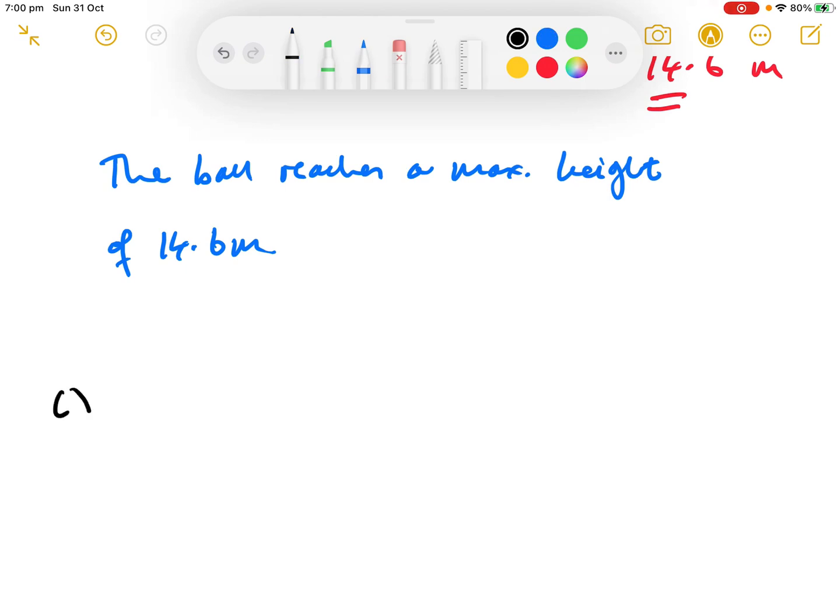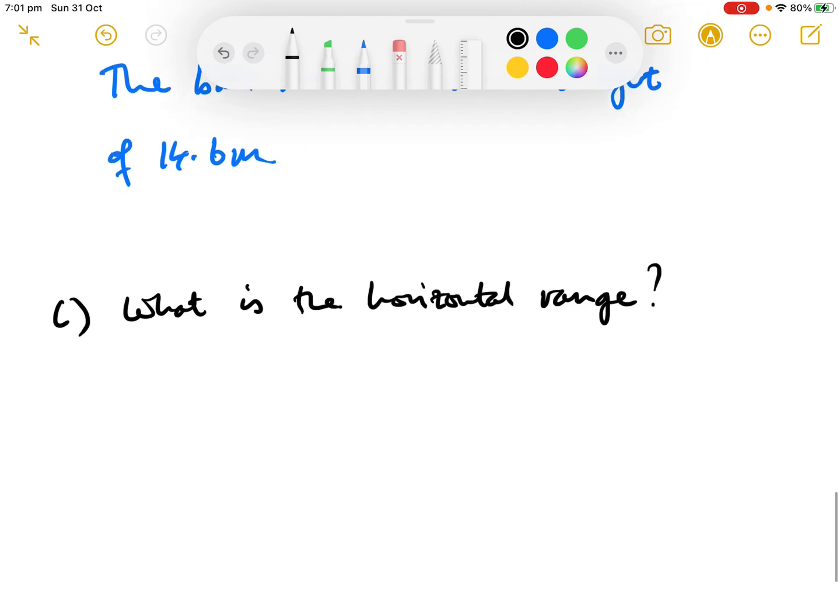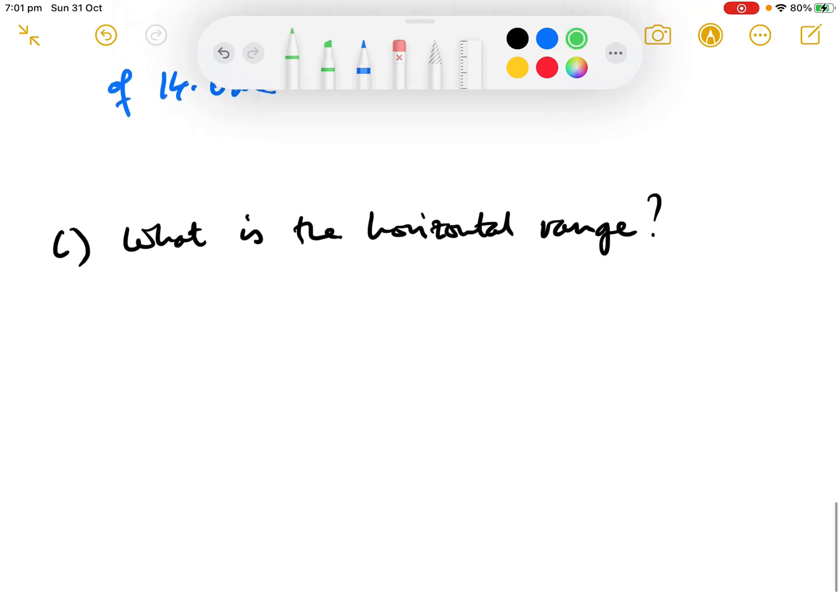The height reached. What else might you be asked to do? You might be asked, what is the horizontal range? Or how far did the golf ball travel in the horizontal? Well, by its nature, that's a horizontal problem.